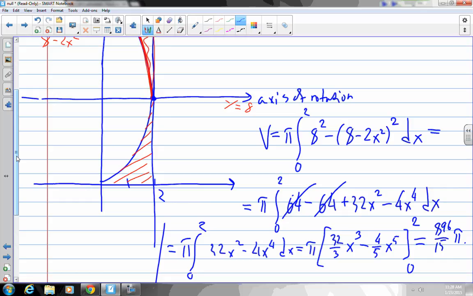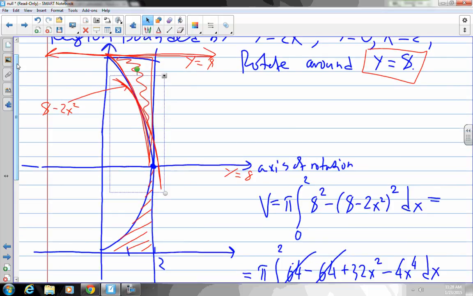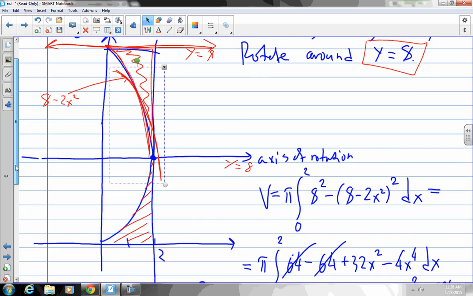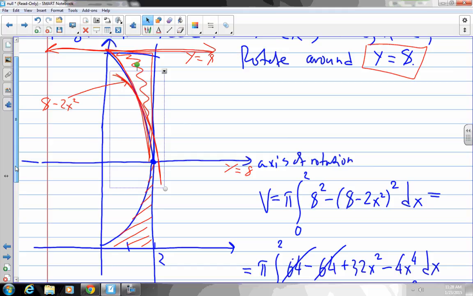So basically, I'm taking this shape and dropping it down to the x-axis and rotating it. Is that what you're asking? Yeah. So basically, I call the axis of rotation my x-axis, and then I relabeled my function so it satisfies the same kind of picture.